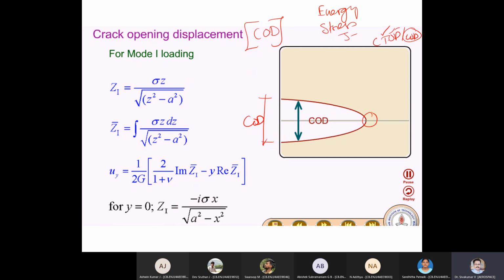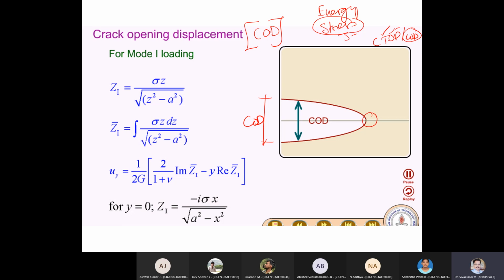Basically, I was supposed to take this after I introduce the stress techniques, but for some reason, now I am going to slightly introduce some of the terms in the stress domain techniques.